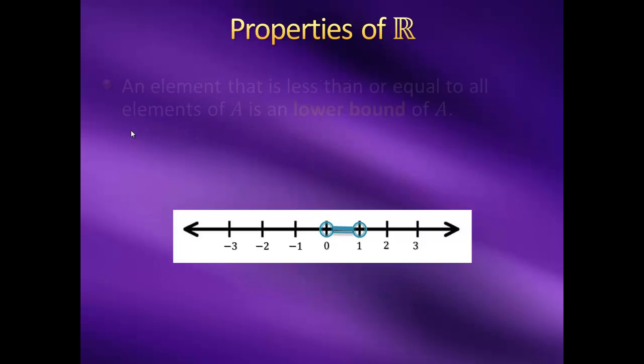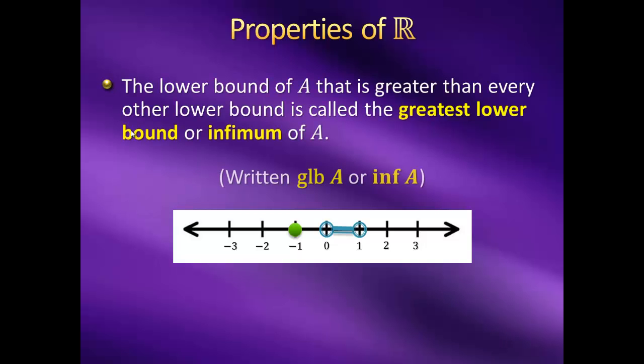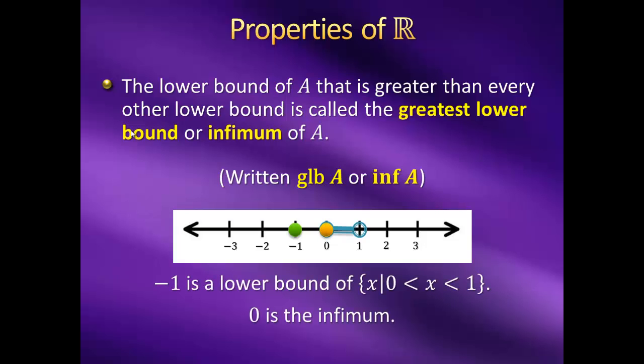Similarly, we can say that if we can find an element of S that is less than or equal to every element of A, then this element is a lower bound of A. And if it's greater than every other possible lower bound, then it's the greatest lower bound, or infimum of A. So -1 would be a lower bound of our set, but 0 would be the infimum.